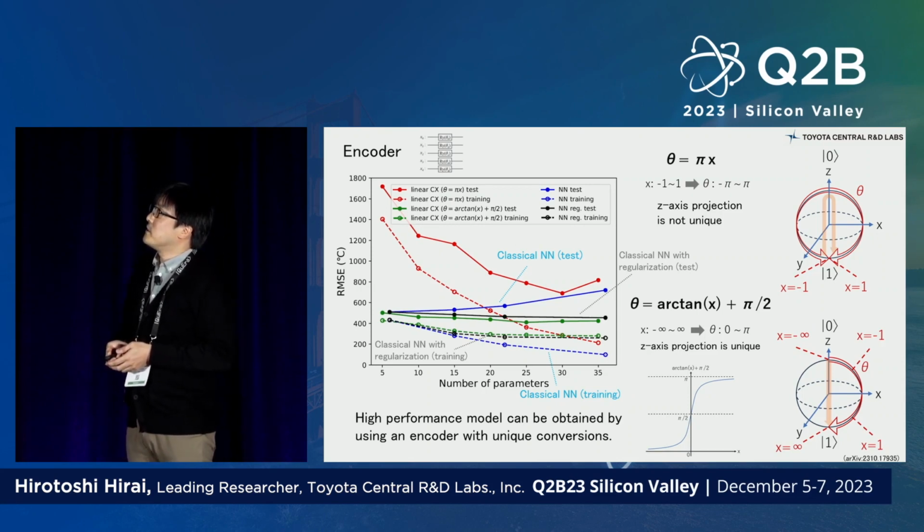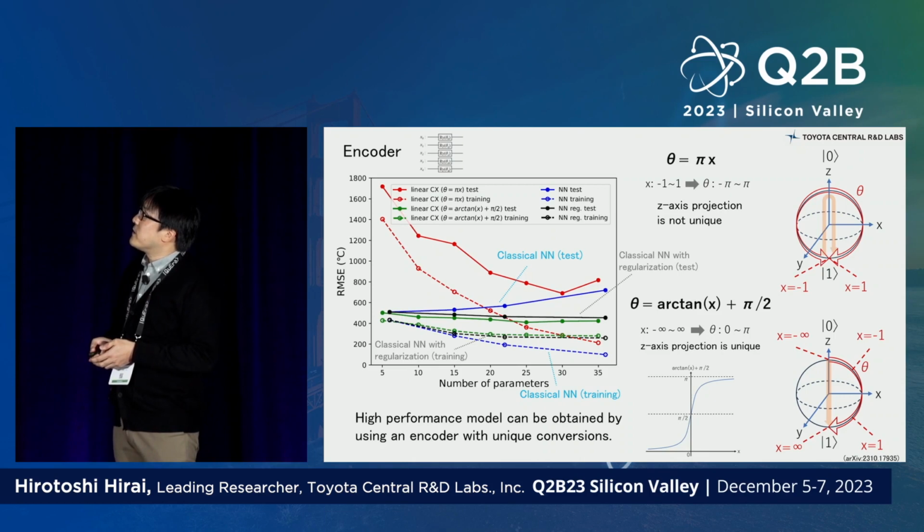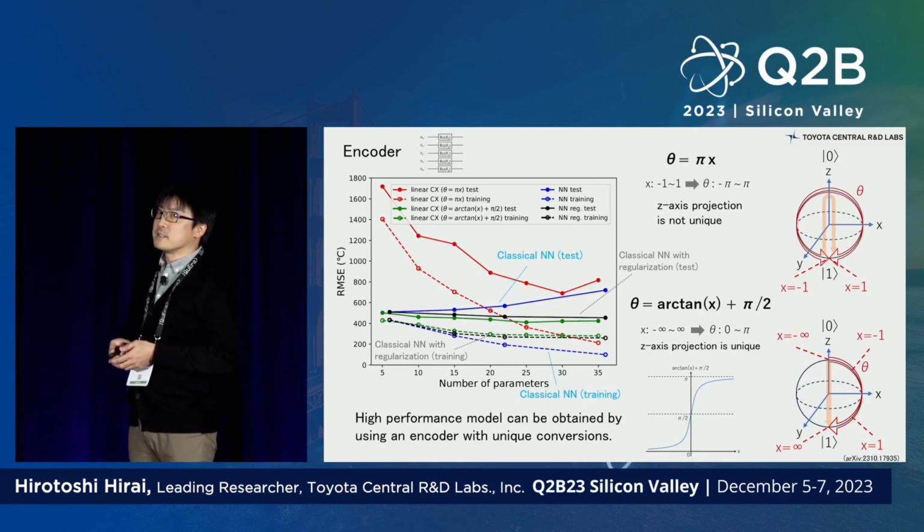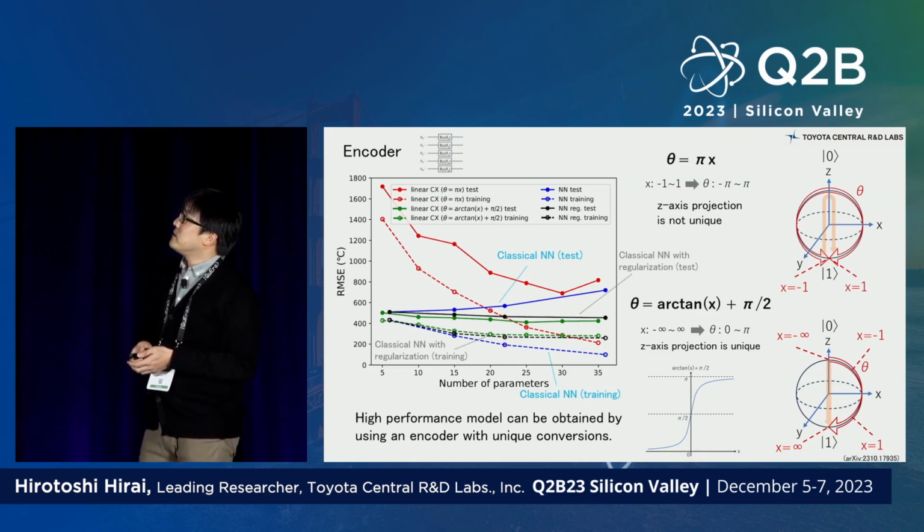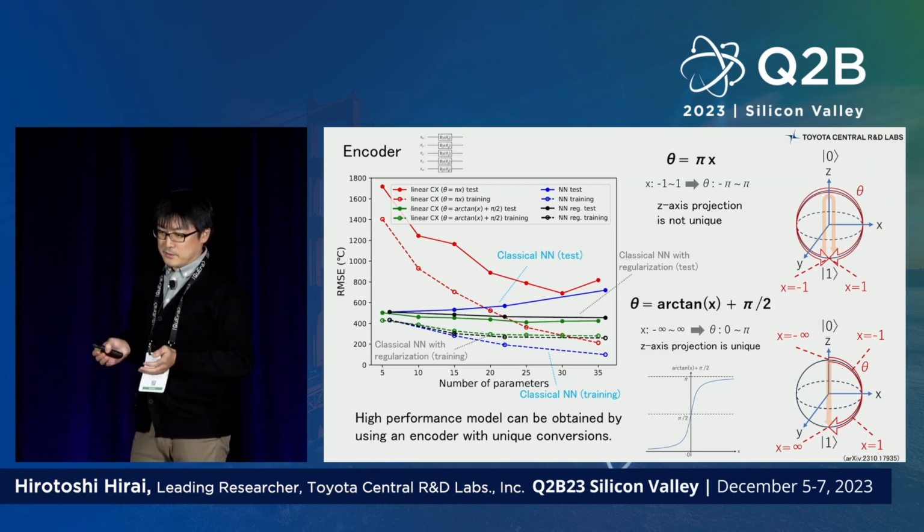We tested theta equal pi x and theta equal arctangent x. With theta equal pi x, as the input value x changes, the quantum state goes around the Bloch sphere. In this case, the z-axis projection is not unique, so immediately after the encoding, the observable Z is not unique for this input.